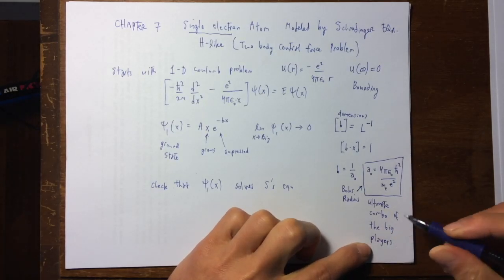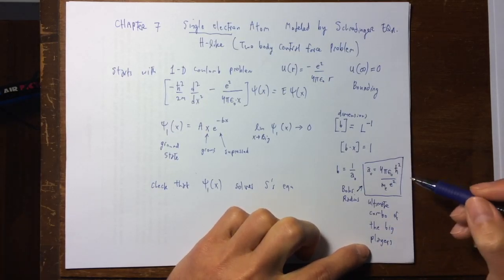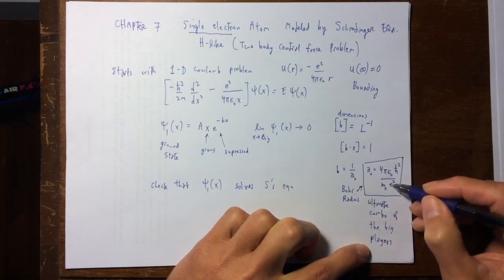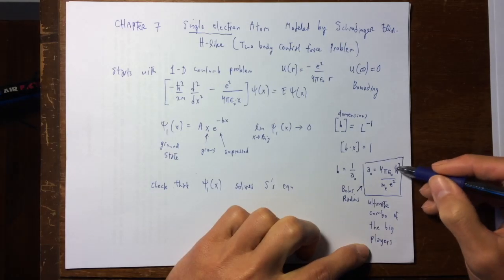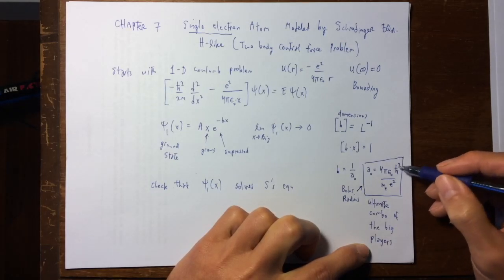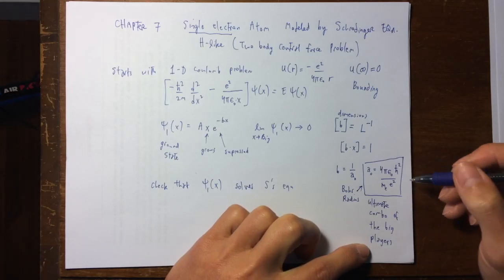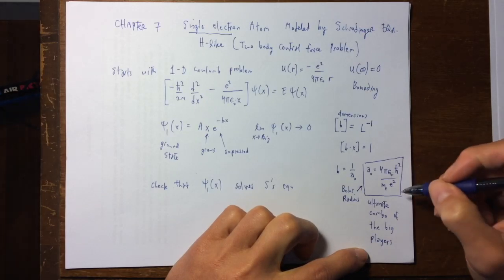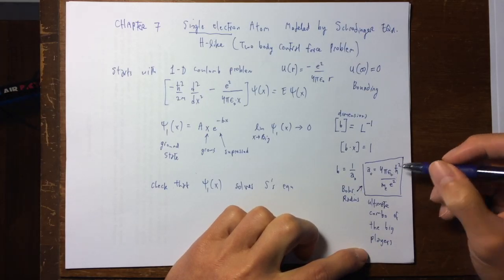I'm making a joke a little bit, but look at what it depends on. It's got the fundamental mass of the electron, the fundamental charge of the electron. If you ever see Planck's constant anywhere, that means that it's a quantum mechanical quantity. Epsilon 0 means we are dealing with electrostatic force or electrostatic potential energy.